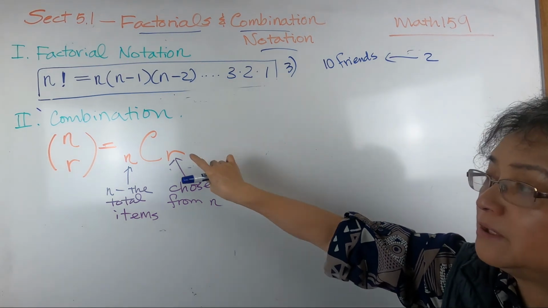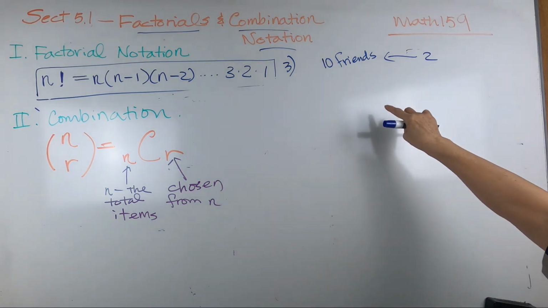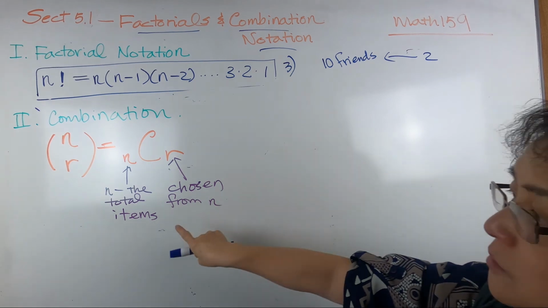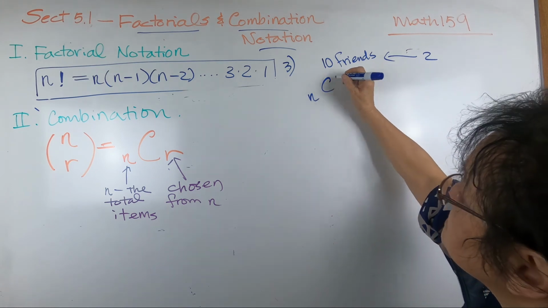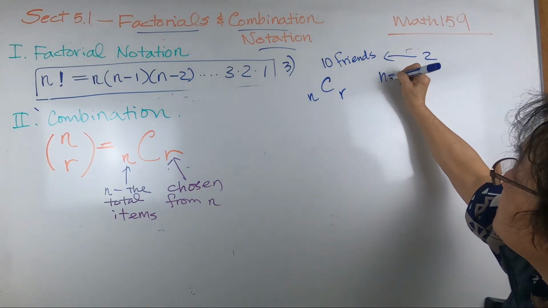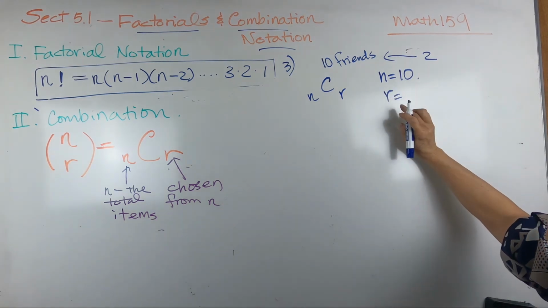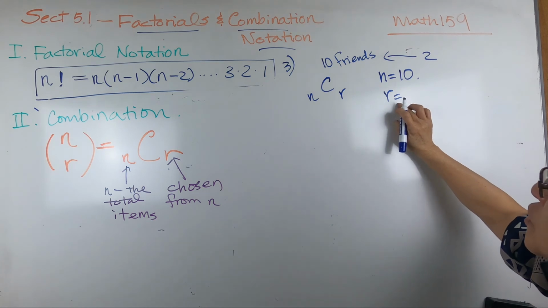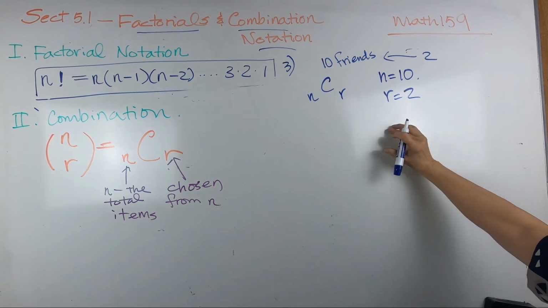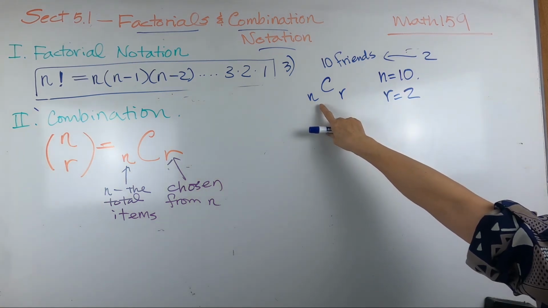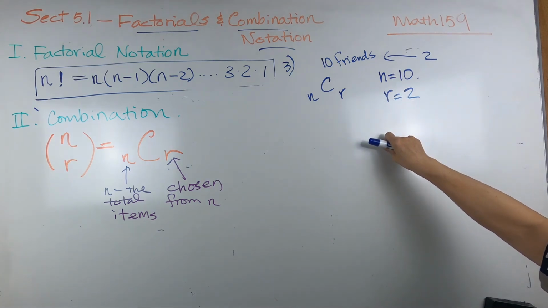So your test would be similar to those. You need to use the combination and use the calculator to do it. So if you have 2 out of 10, what do you use? You use nCr, right? N is your total. Then R is how many you will choose from the 10, 2 of them. So you need to decide how to use the combination symbol to find the answer with the calculator.